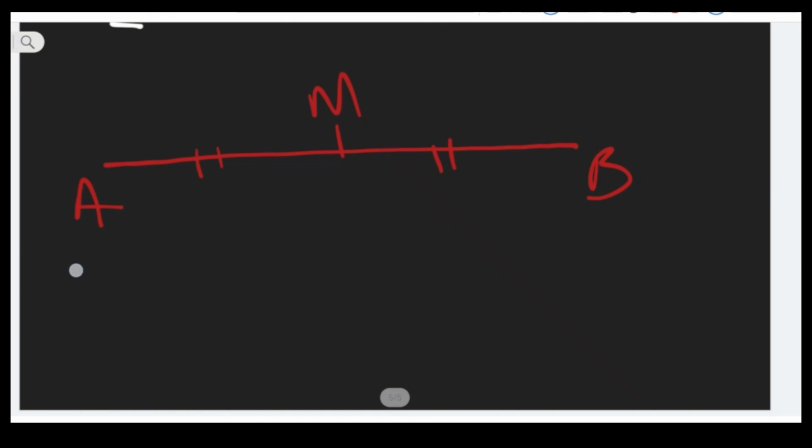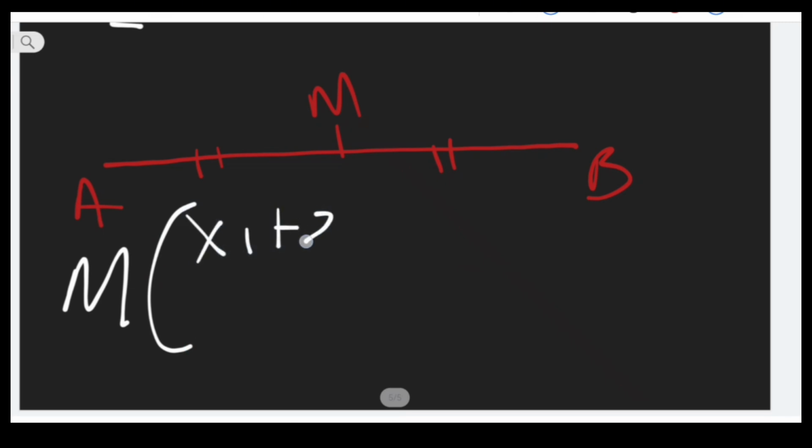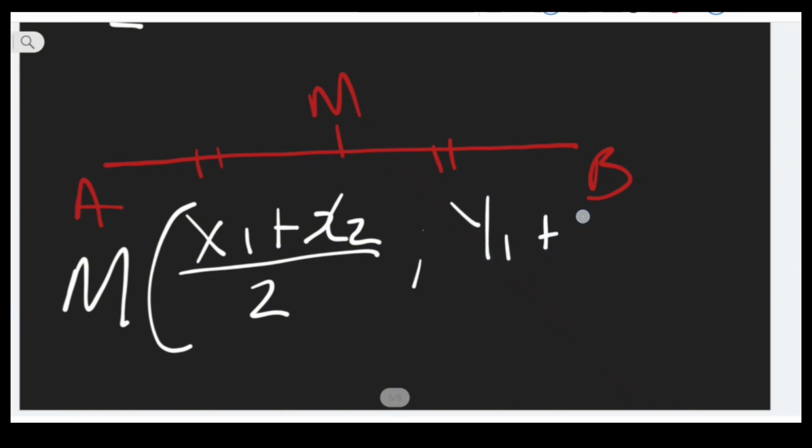The midpoint M can be given by (x1 plus x2) all over 2, comma, (y1 plus y2) all over 2. That's the midpoint of this line.